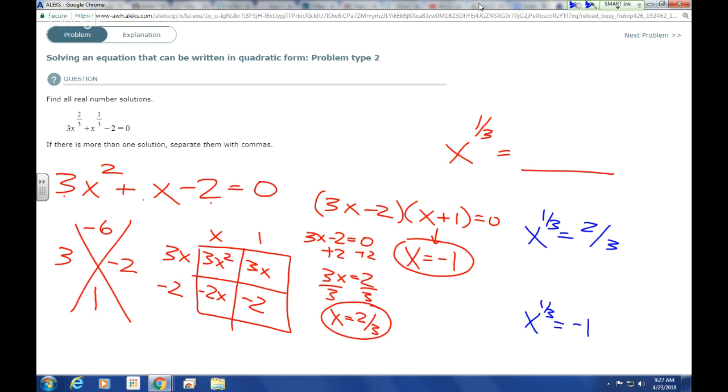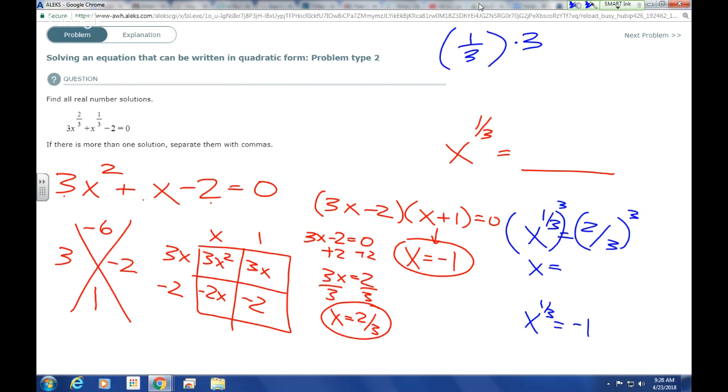Where is that 1/3? What's that thing called up top there? It's an exponent. So if we have an exponent of 1/3, we get rid of it by raising it to the 3rd. So I put this in parentheses and raise it to the 3rd. That's how you get rid of a 1/3.